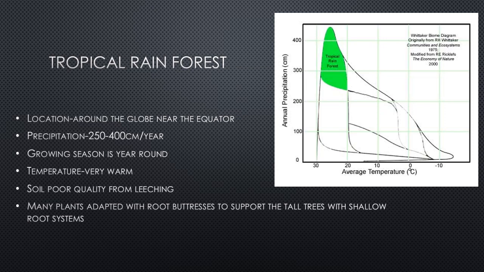That's why it's called a rainforest. The growing season is year-round. Because it's tropical, our temperature is very warm. But here's the difference between our tropical rainforest and our temperate rainforest. The quality of the soil is very poor. You wouldn't expect that because there's so many plants in a tropical rainforest.